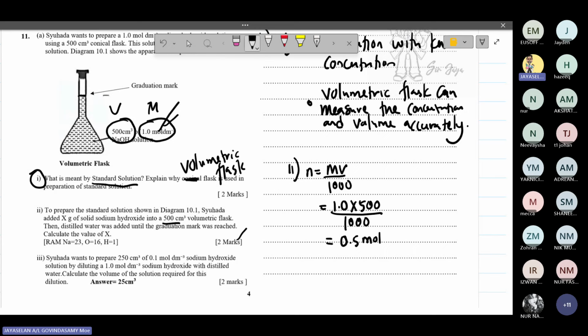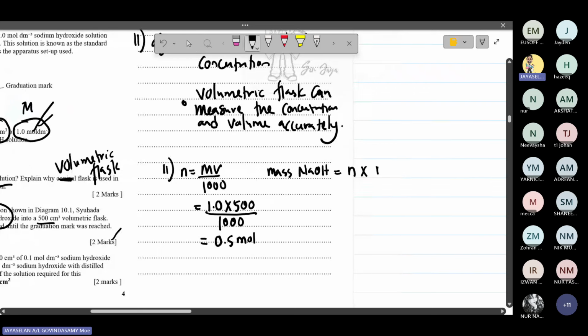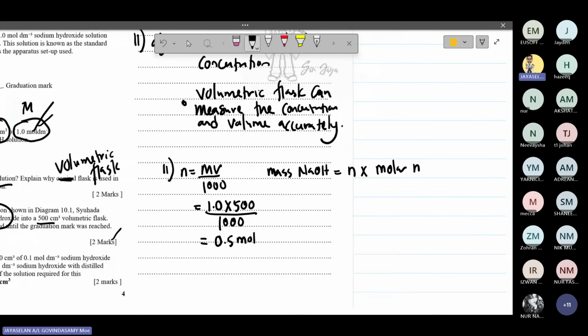Then they ask about sodium hydroxide. X is the mass. So here you go for mass of sodium hydroxide, your second step. How to find the mass of sodium hydroxide? Number of mole times molar mass. The number of mole 0.5 times molar mass of sodium hydroxide, 23 plus 16 plus 1, which is 40.